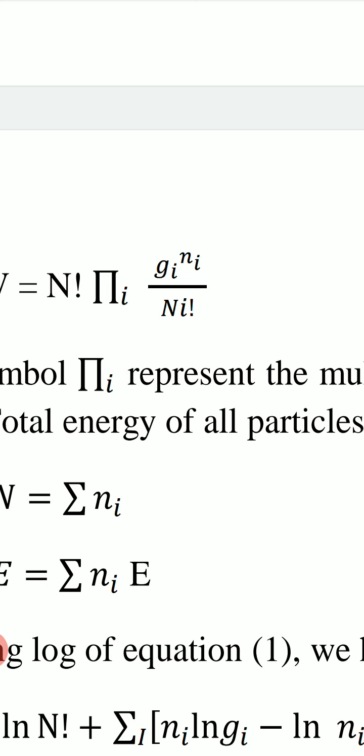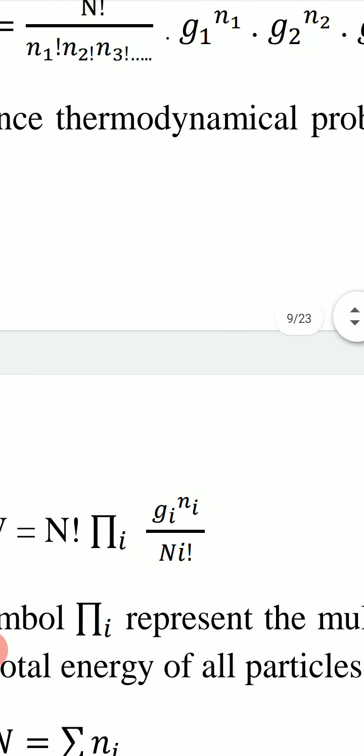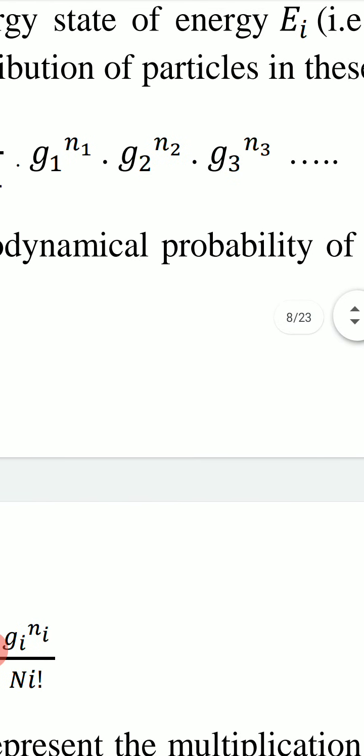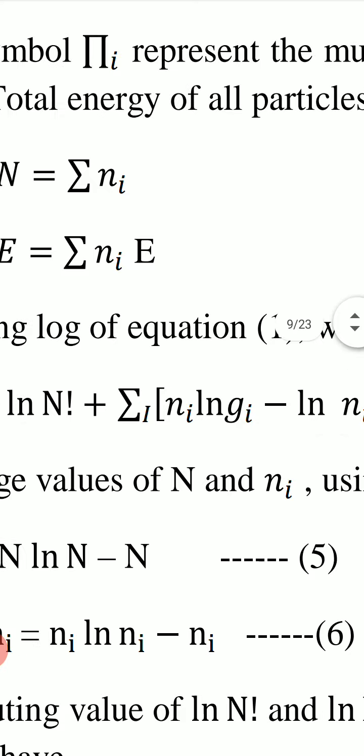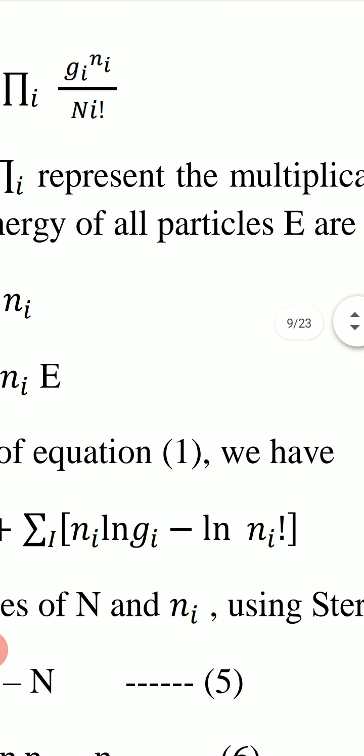If we put i equal to 2, then we find g2 to the power n2 and so on. And we have the multiplication of all these terms like this: g1 to the power n1 into g2 to the power n2 into g3 to the power n3 and so on. So this multiplication of several terms can be written as pi i gi to the power ni.